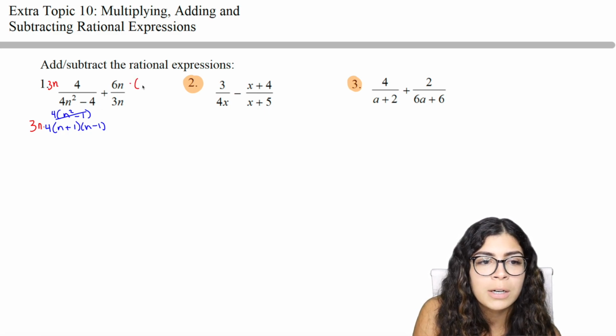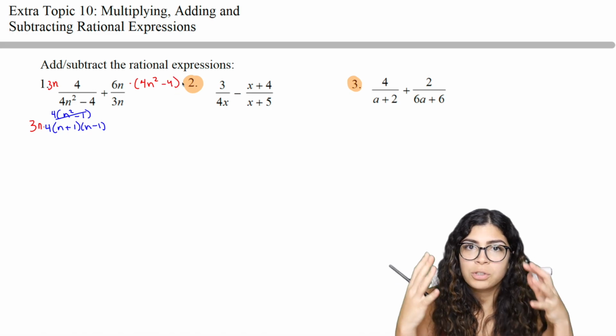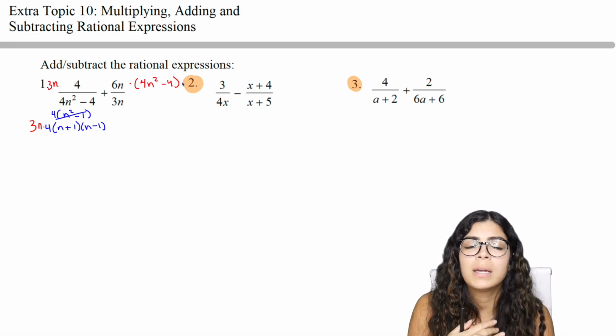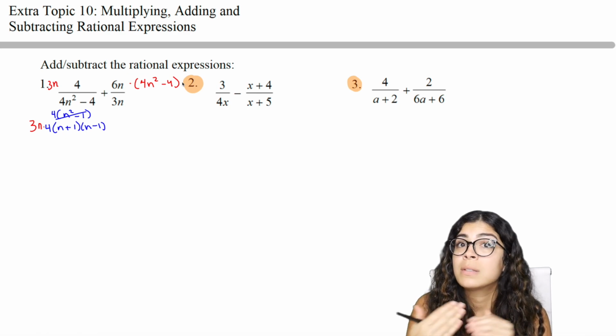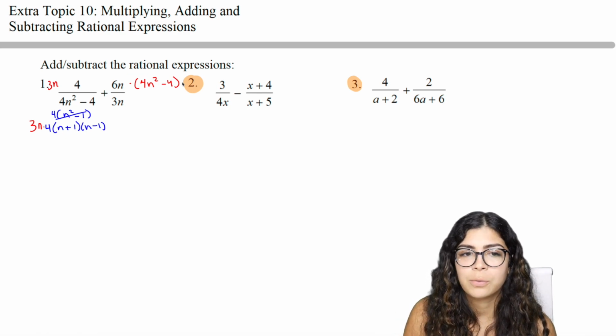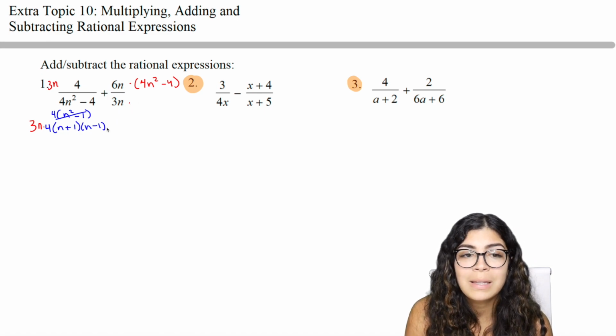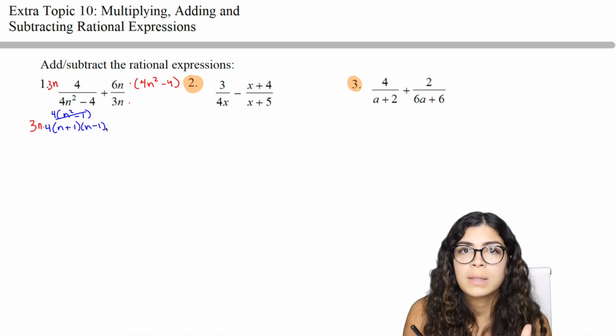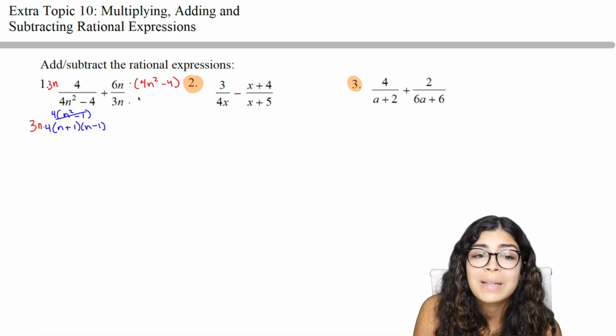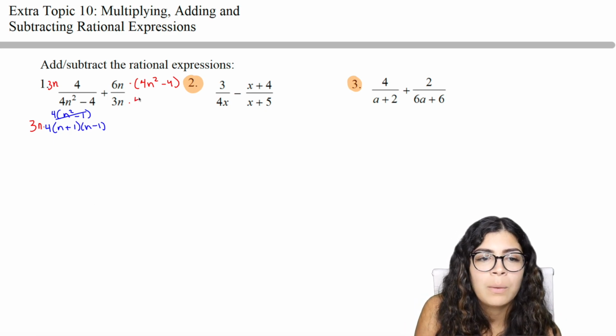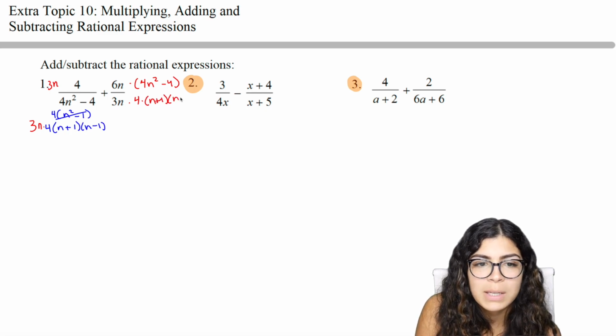For the numerator, I'll write it as 4n squared minus 4, because I'll actually need to combine the numerators, and it's going to be easier to do that if I have it in the simplified form, not in the factored form. But for the denominator, since the denominator is really going to stay the same, once you get the denominators to be the same, they stay the same, and you want to leave it in factored form, I will multiply 4 times n plus 1 times n minus 1.